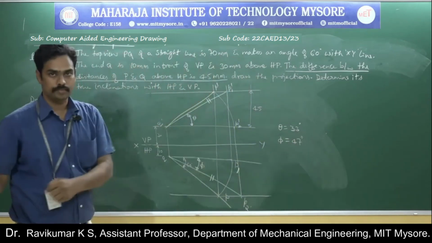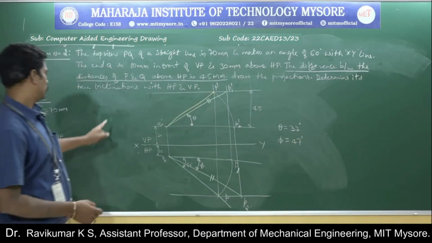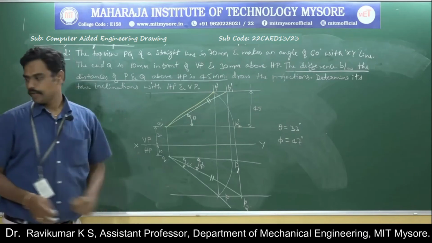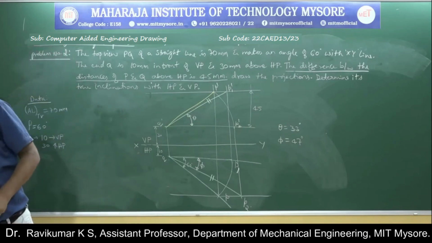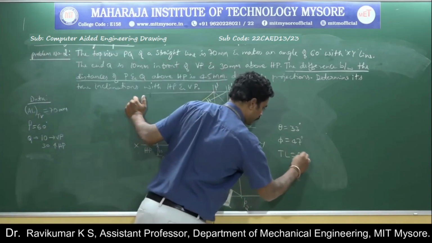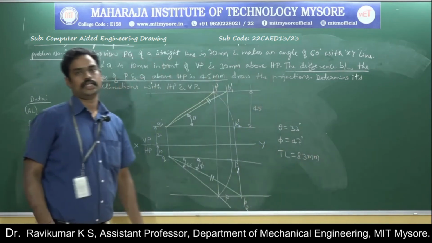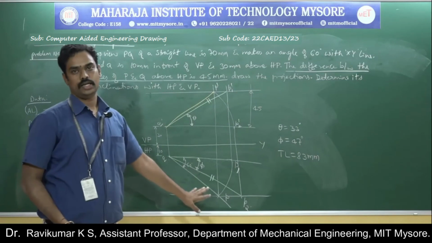This is the answer given in the primer solution book. If you want some more information, QP2 is equal to 83, the true length. You will get it as 83 mm if you draw it to the scale.